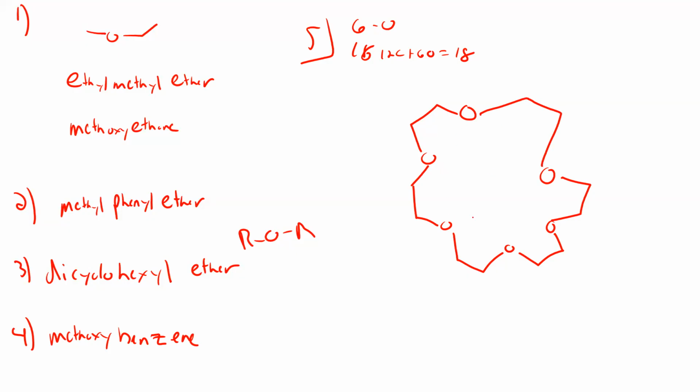So 1, 2, 3, 4, 5, I have 6, and you should count 18 elements around there, so that should be good to go.